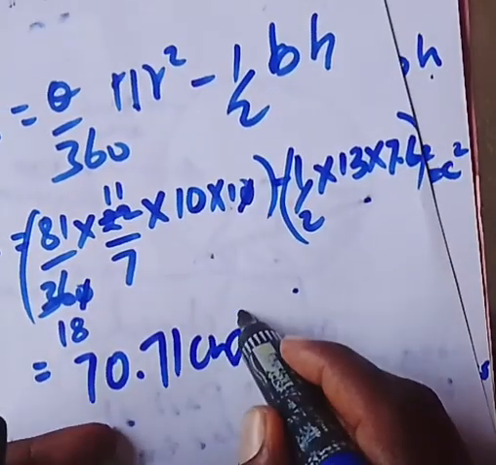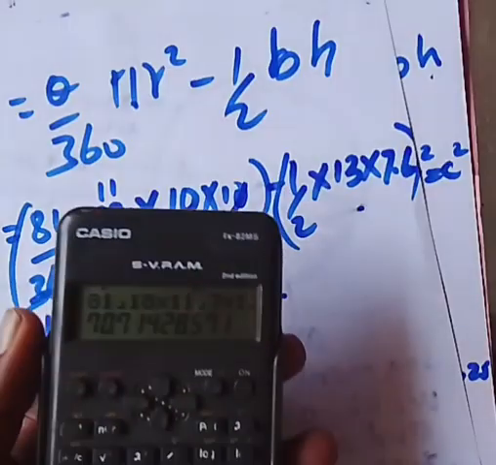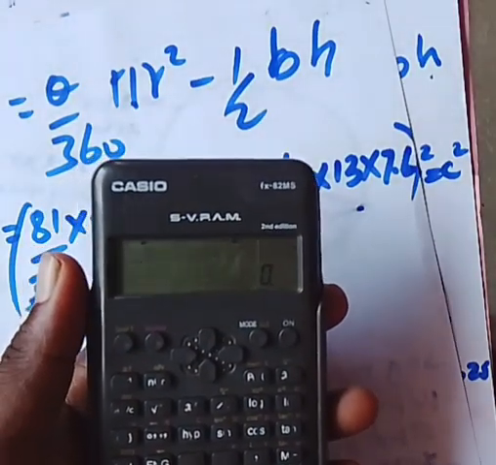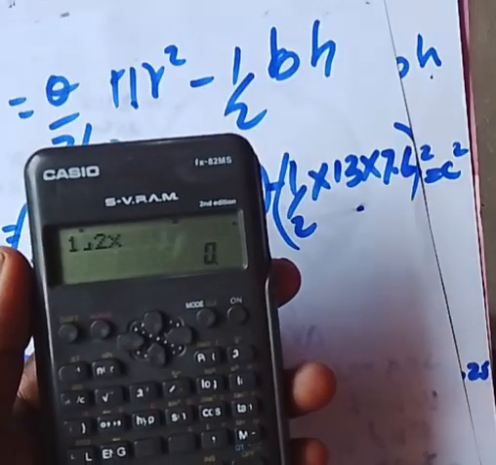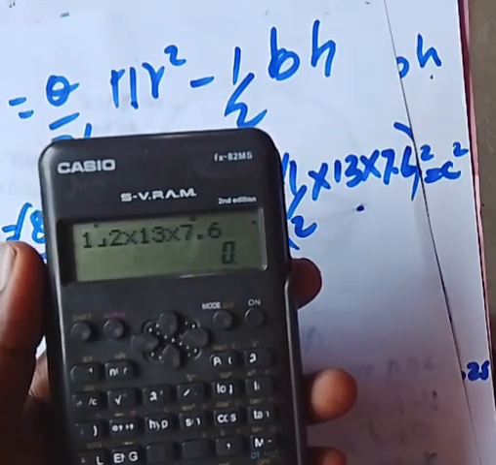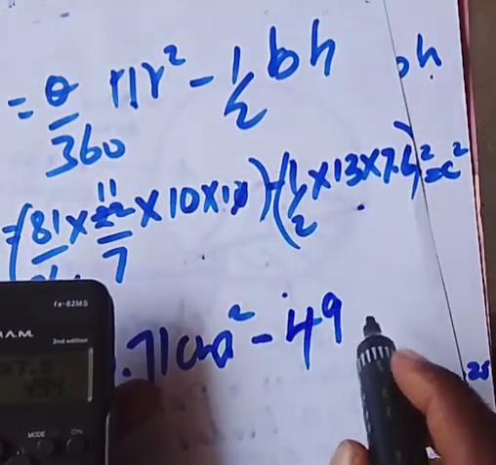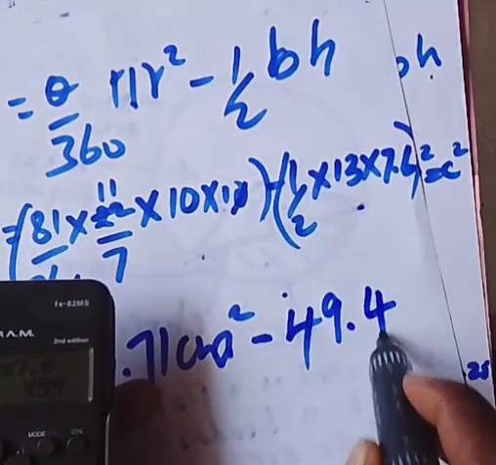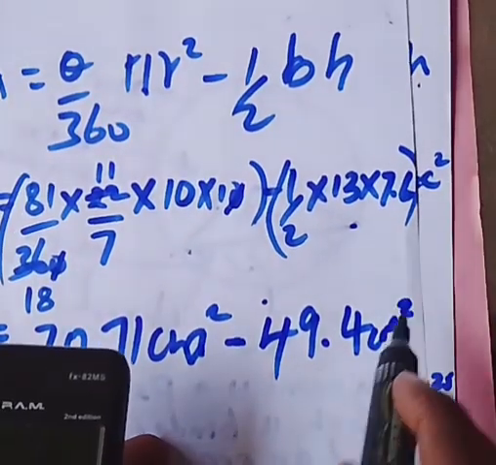So we write 70.71 centimeter squared minus, let's look at this one, which is half. So we'll say 1 ABC over 2. Then you multiply it by 13 and you multiply it by 7.6. You click the answer, you get 49.4. Just subtract them. This is centimeter squared.